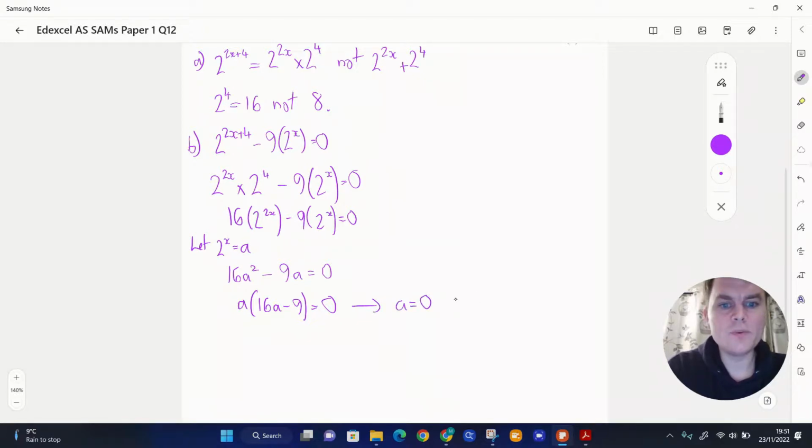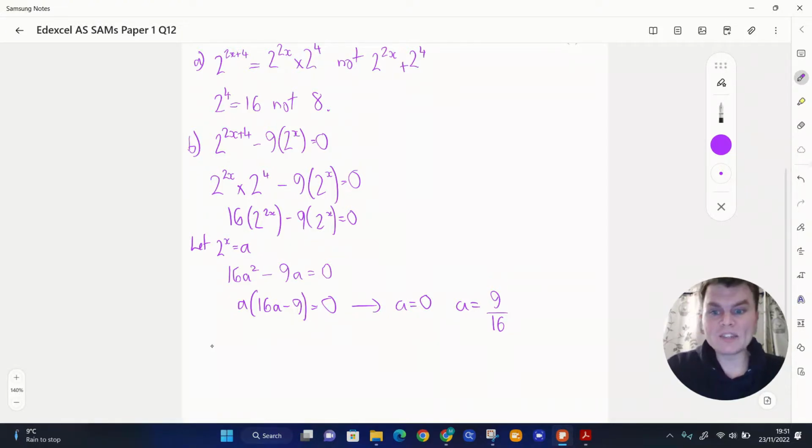So a would be 0, or a would be 9 over 16. Okay.